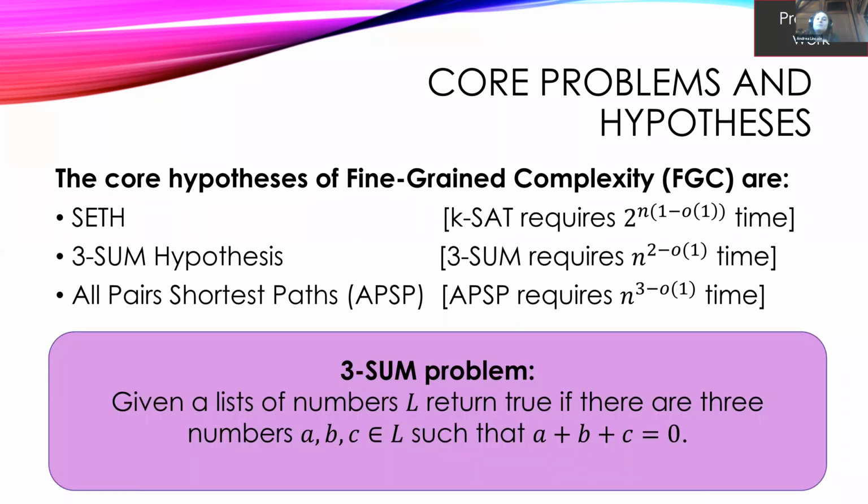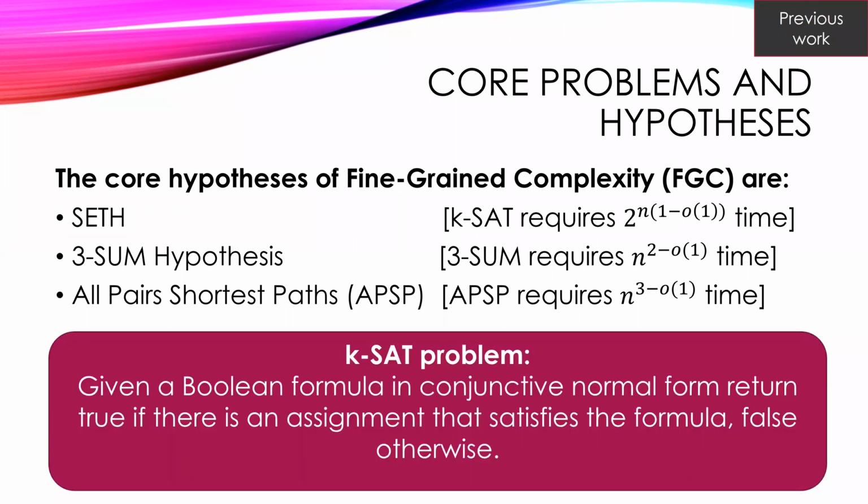The three-sum problem, you're given a list of n numbers. What is K, the KSAT problem? K is the size of the clauses. So we have something that's an AND of a bunch of clauses where we're ORing K variables together. Okay, sorry, 2-SAT, yeah, I know what 2-SAT is.